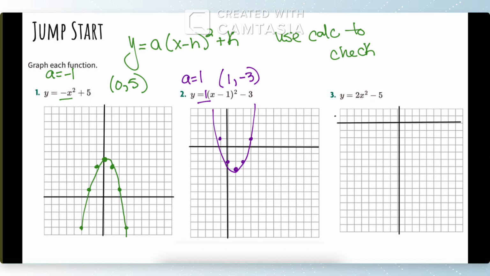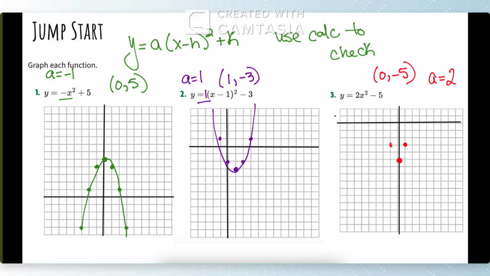All right, last one, number 3. This one, we've got an h of 0 again, but a k of negative 5, because there's nothing in parentheses there. And our a this time is equal to positive 2. So if I go down here to negative 5, and then from there I'm doing slope counts of 2, so instead of going over 1 up 1, I'm going to go over 1 up 2.